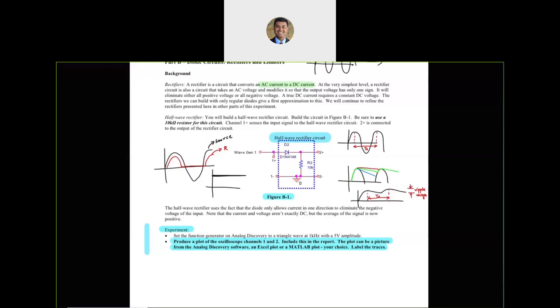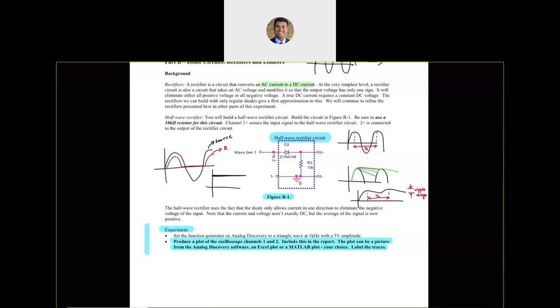So that's the voltage across the resistor. Now notice there is going to be a little difference between the red and the black, because we are going to need about 0.7 volts to turn on the diode. So that's going to function as the threshold for the diode. Whatever source voltage you give, minus 0.7 for the diode, is going to be available across the resistor R2.